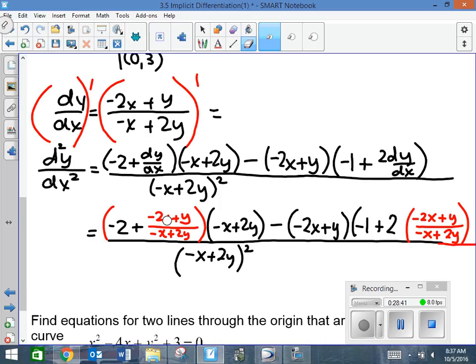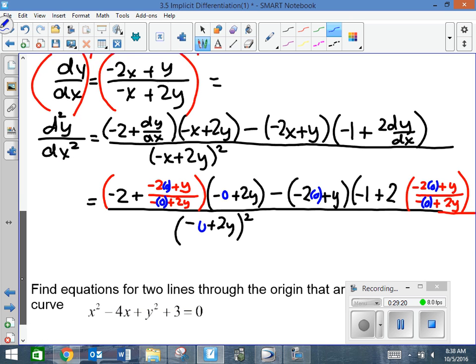X is 0. We could have done that once and been done with it over here too, looking back. Okay, our y is 3.